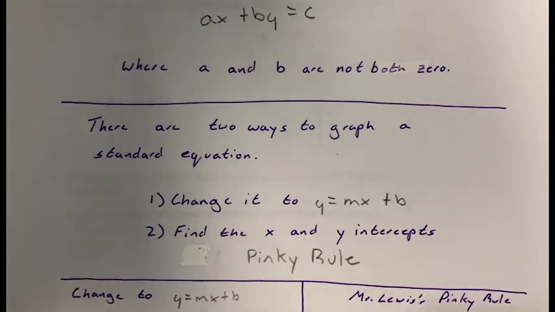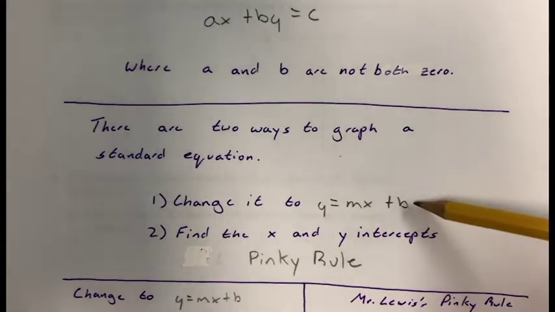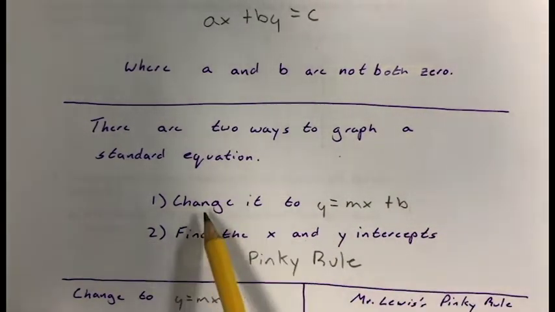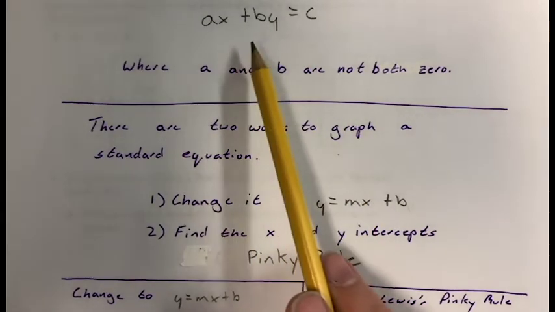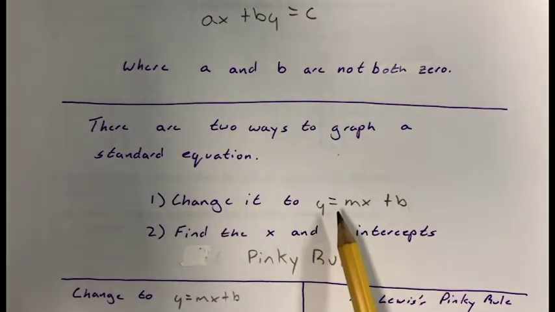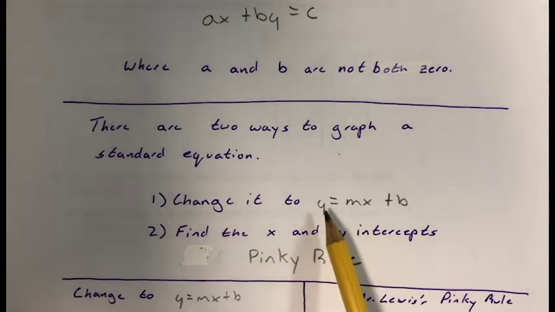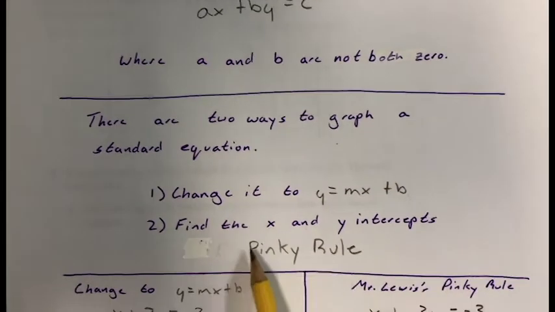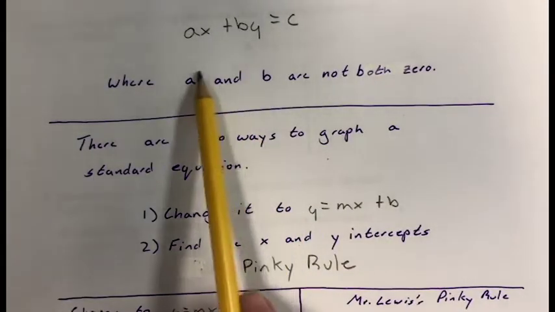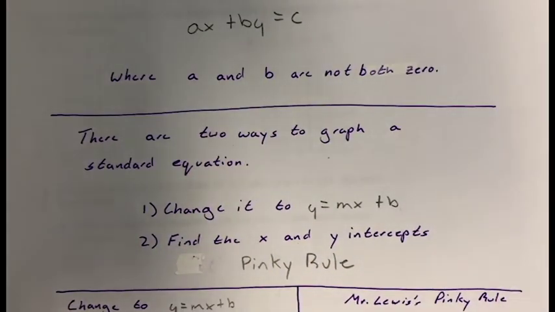Now, here's the thing, you need to know both of these methods. You need to be able to change the standard form into slope-intercept form. You need to be able to do that. And you also need to be able to find the x and y intercept just by looking at this equation. You need to know both things. Cannot stress that enough.